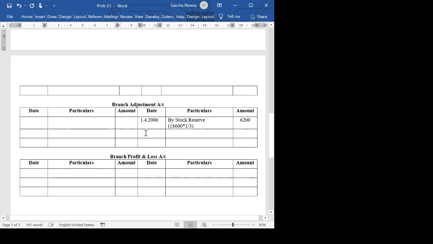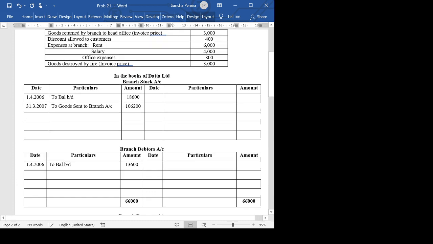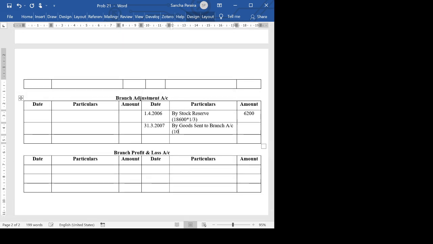On 31st March 2007, by goods sent to branch account, 1,06,200 into 1 by 3. 3 3s are 9, 3 4s are 12, 3 4s are 12, so 34,400.